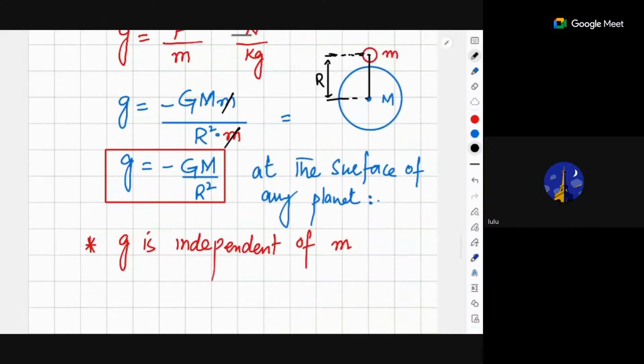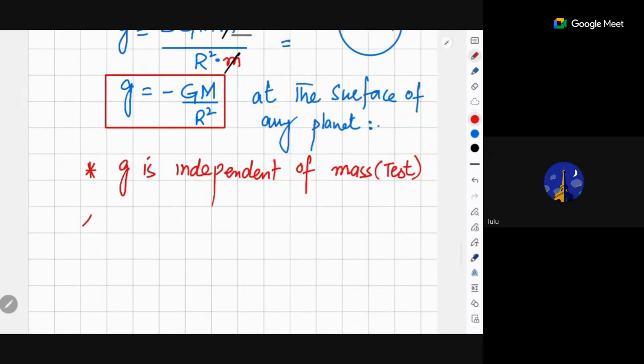So that is why it is independent of the mass of the object, the test mass. Okay. Secondly, the value of G is maximum at the surface of a planet.